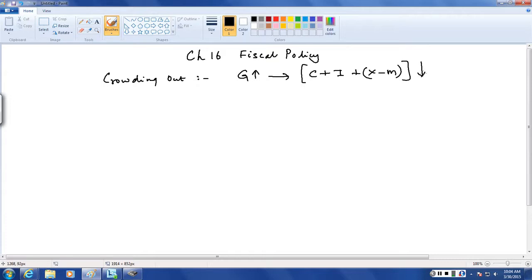So this is the phenomenon of crowding out. And what it does is, of course, reduce the effectiveness of fiscal policy. Why does it reduce the effectiveness of fiscal policy? The following diagram makes it clear.